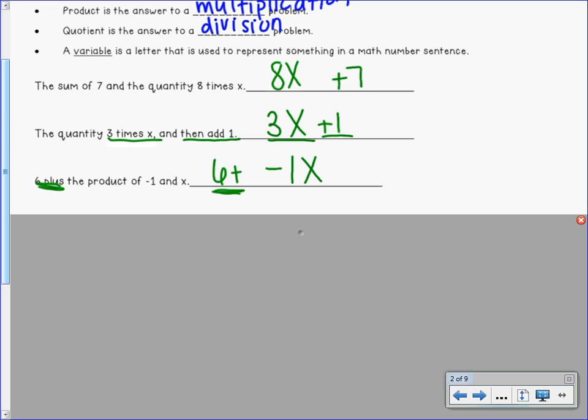Great, because the product would be like if I had a times x. We don't do that. But the product of -1 and x. Order of operations, you do the multiplication before the adding and subtracting. So if you were to do 6 plus -1 like that, yeah, that'd be fine. Yep.